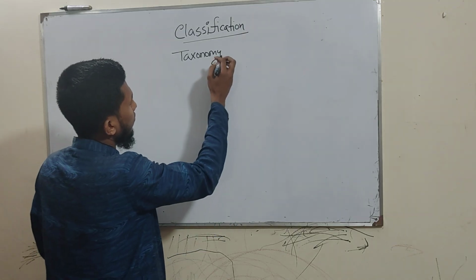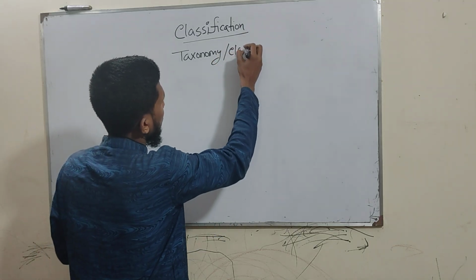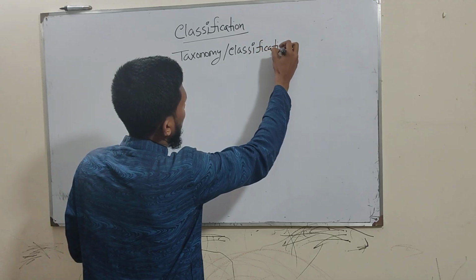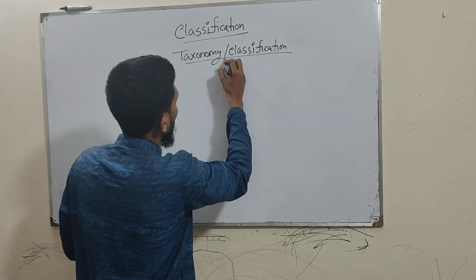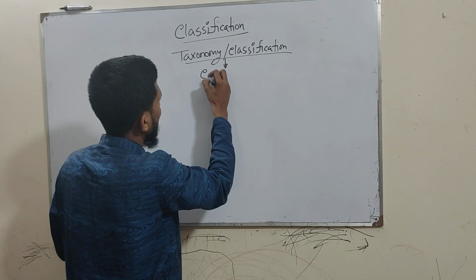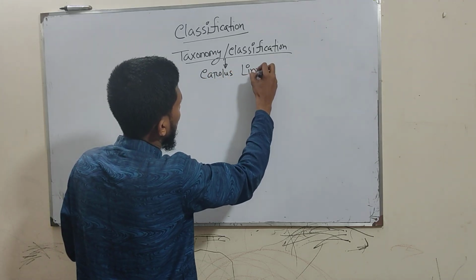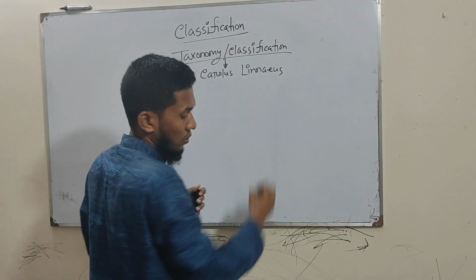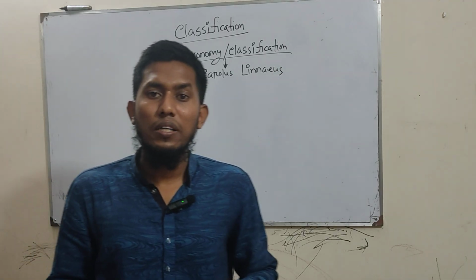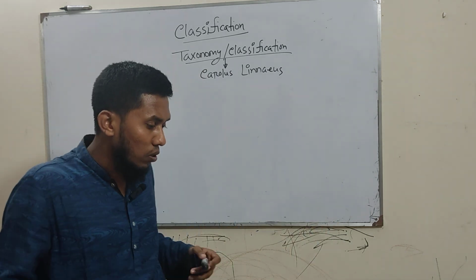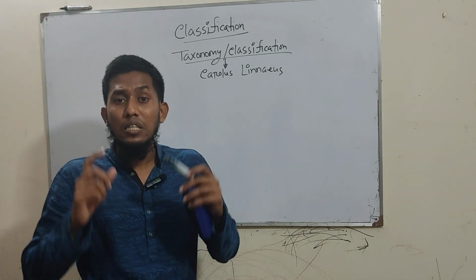One man is called the father of taxonomy or classification: Carolus Linnaeus. He is called the father of classification. Why? A question may come: because he classified the living world.